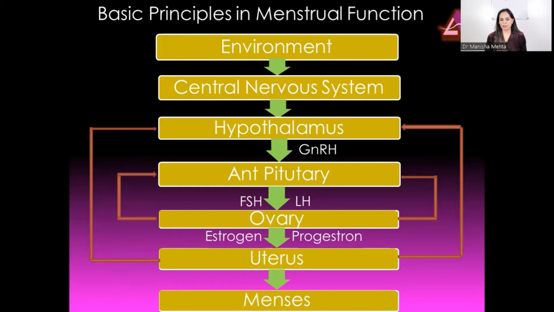So now what happens is, once the menses have occurred, from the anterior pituitary, there is release of follicle stimulating hormone. This follicle stimulating hormone will act on the ovary to cause ovulation.